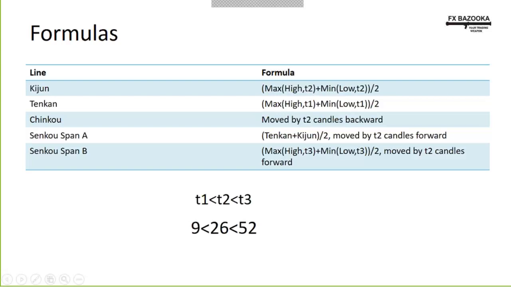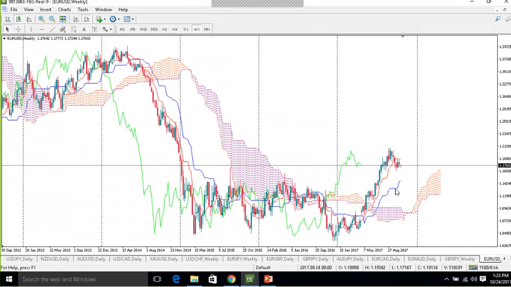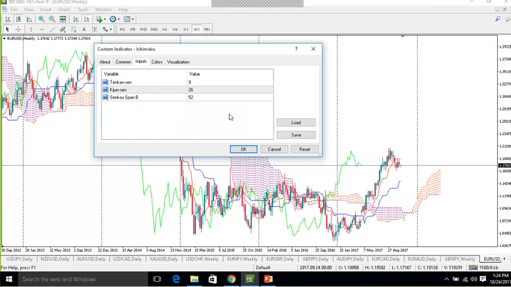These time periods are in certain places in these formulas. And if we look at the settings of the Ichimoku indicator, you can look at the settings by right-clicking the indicator properties here. And if you look at the inputs, by default, you have these readings: 9 for Tenkan-sen, 26 for Kijun-sen, and 52 as the biggest period, Senkou Span B.